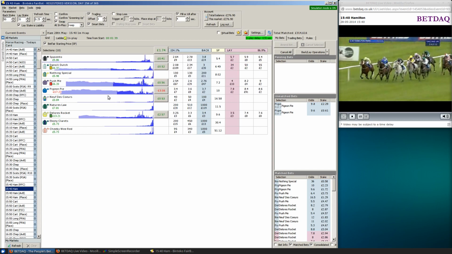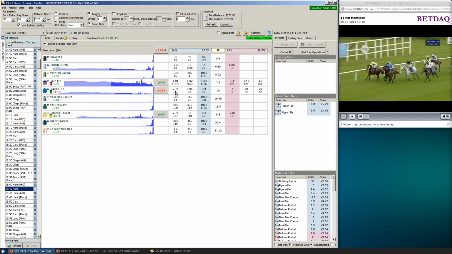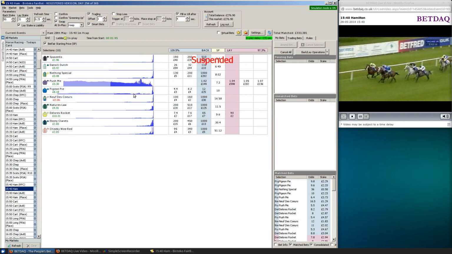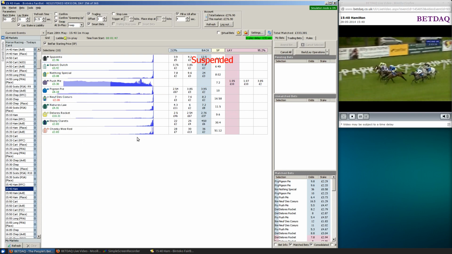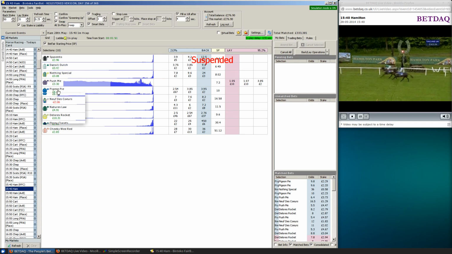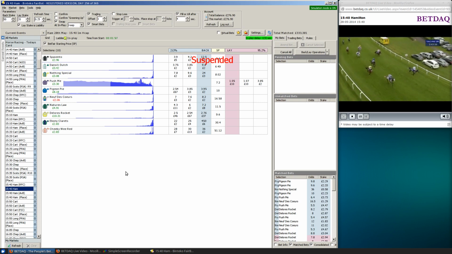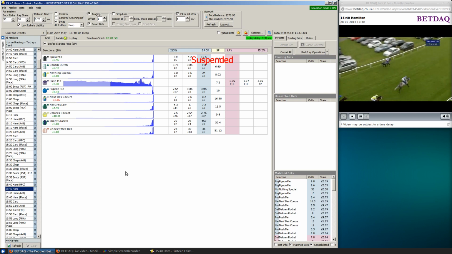But what I hope you're noticing is that the overall liability, because the lays have been split up, the liabilities that are available in the market on any particular runner are a lot less, because your stakes have been placed at different odds which get matched more readily.